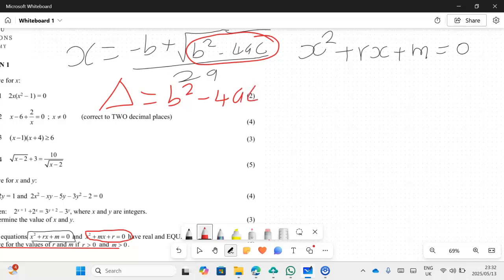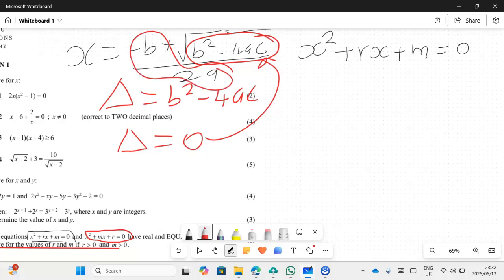For our roots to be real, we must have a real number inside the square root, and for them to be equal, this must equal 0. If this equals 0, we're just left with negative b over 2a, which will give us two equal roots. So our discriminant must be equal to 0.